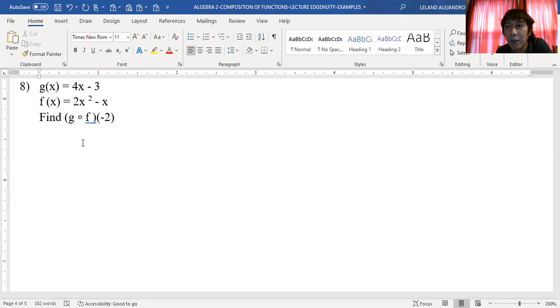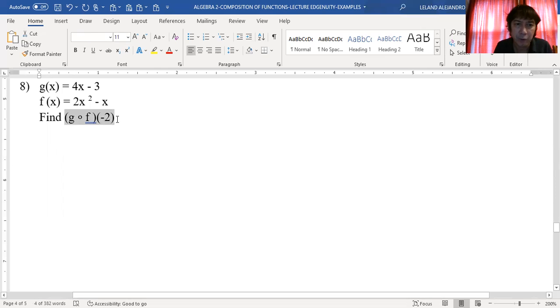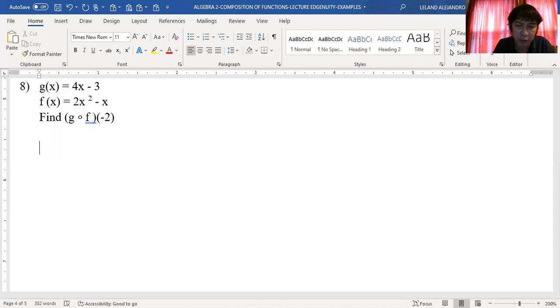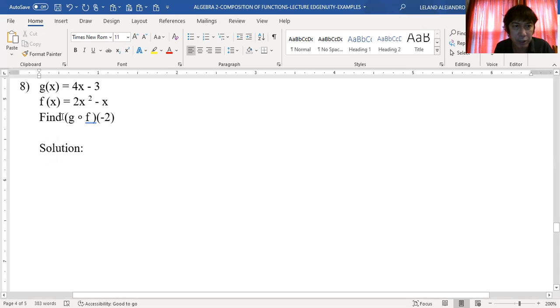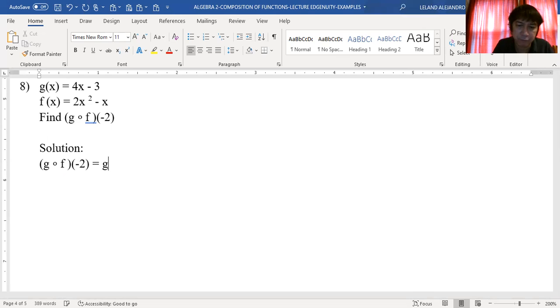So first you can actually get the equivalent and then use the -2, but it's much easier to use the number right away. So in our solution, to have it simpler, this is equivalent to g of f of -2.